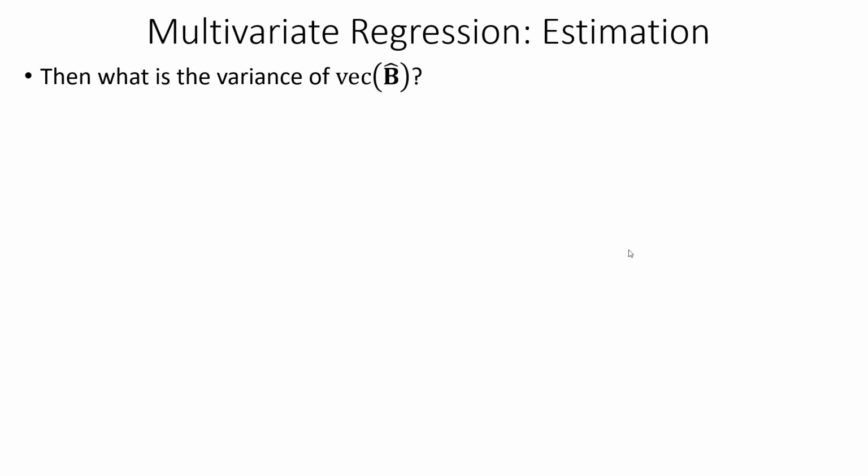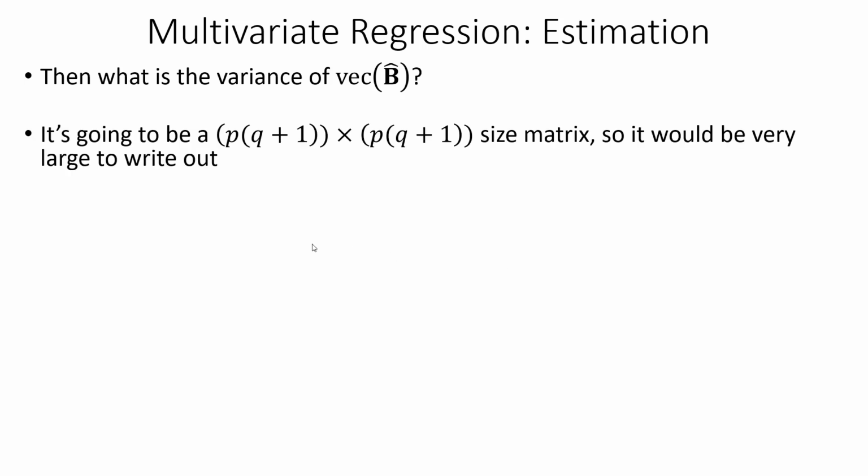So now that we vectorized B, what's the variance of that new random vector that we created? The problem is that it's going to be huge, because if you take a vector of length p and find its variance, the variance matrix is going to be p by p. Well, we don't just have a vector of length p, we have p vectors of length q plus 1.